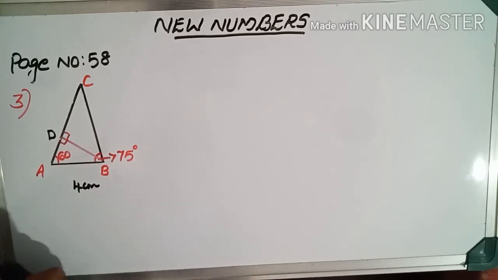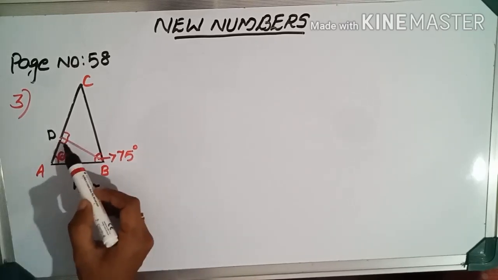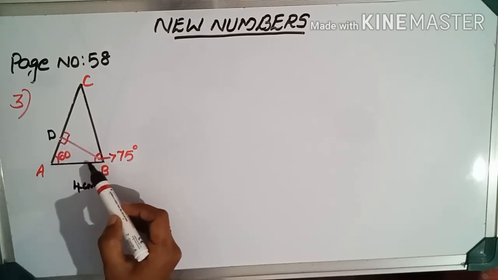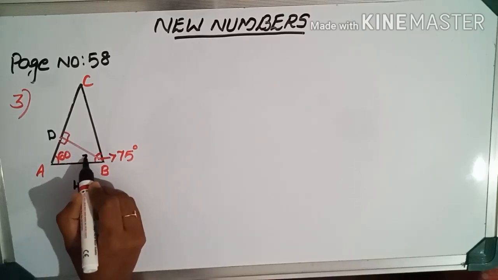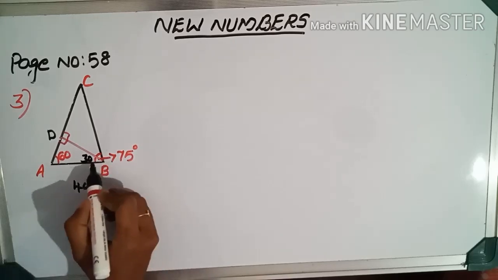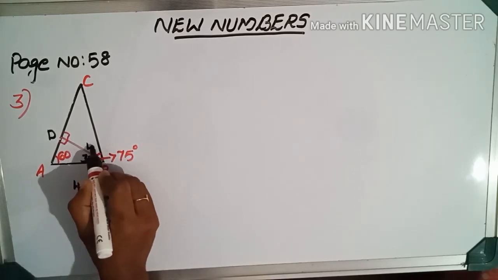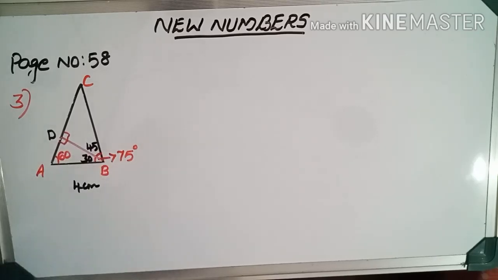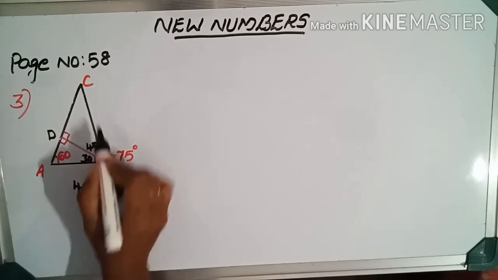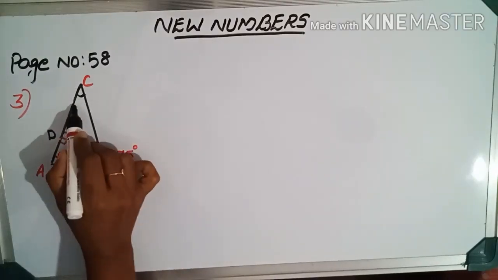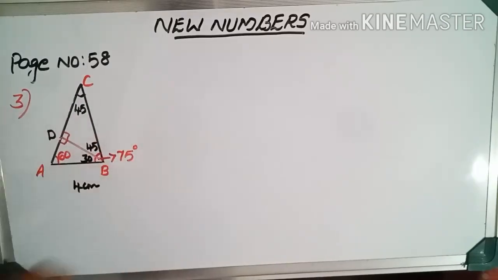Now you can see that with 60 degrees here and 90 degrees here, this angle will be 30 degrees. The total is 75 degrees, one portion is 30, so the remaining will be 45 degrees. So 90 here, 45 here, and this angle will also be 45. Like this we can mark.